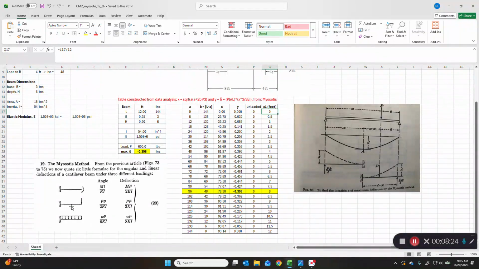And what you're really doing is looking at sort of 2 cantilevered beams in sort of a reverse image facing each other, and you're getting deflection of both at the tip and then summing them together.